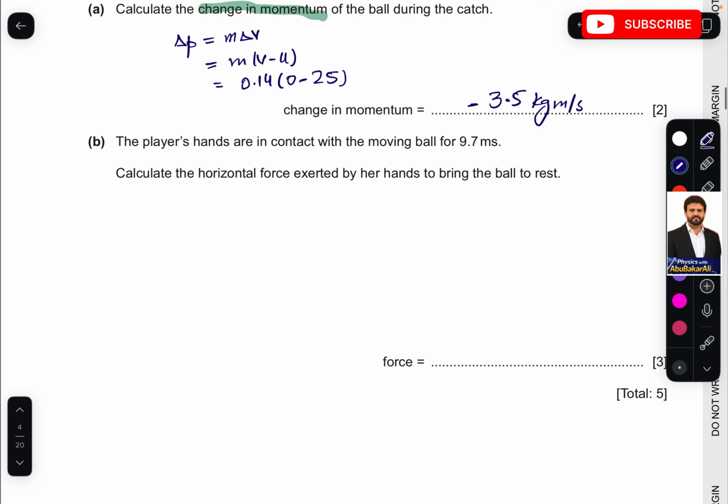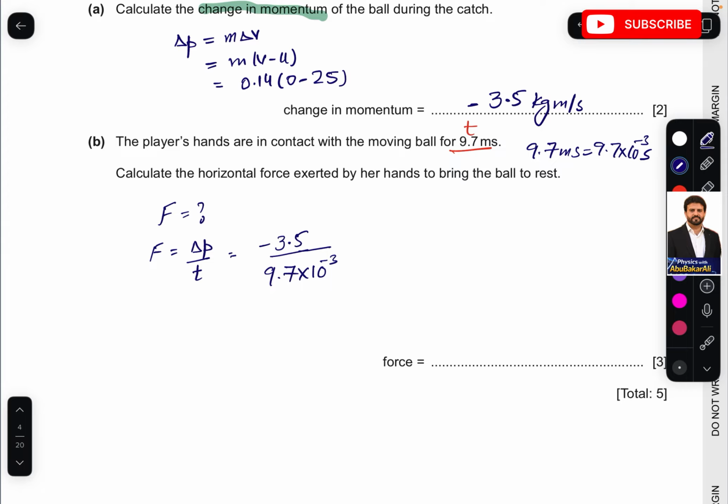The player's hands are in contact with the moving ball for that much time. This is the time you have. Calculate the horizontal force exerted by her hands to bring the ball to rest. You have to find the force. Force is the rate of change of momentum. Change in momentum we have, minus 3.5, and time we have, 9.7 milliseconds, that is 9.7 into 10 raised to power minus 3 seconds.